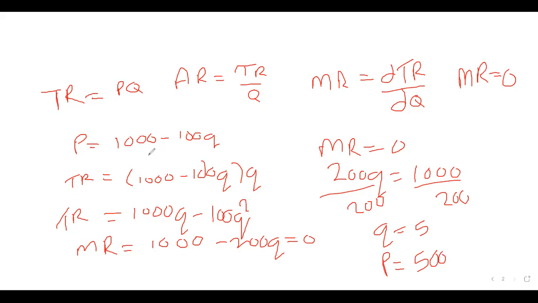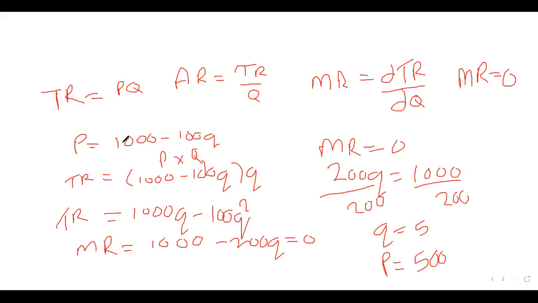So price times quantity: our P is here, which is our price, times quantity, we inputted the Q. So this is 1000 times Q is 1000Q. 100Q times Q is 100Q squared. And we differentiate this. By the way, the shortcut for converting price to marginal revenue is simply multiplying a 2 on the gradient.